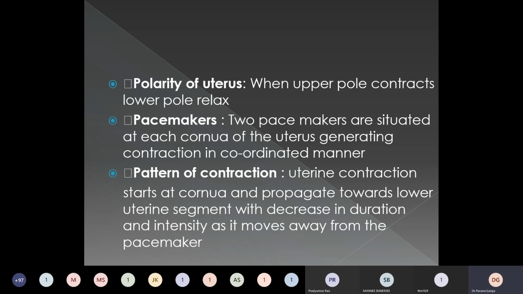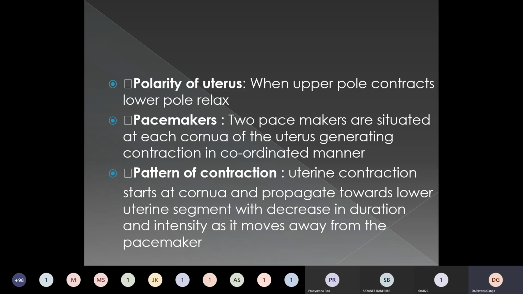With descent, when the uterus contracts, the baby will be pushed down. Because of the ball valve mechanism, the fluid-filled membranes around also act like a ball valve and help in dilatation of your cervix.